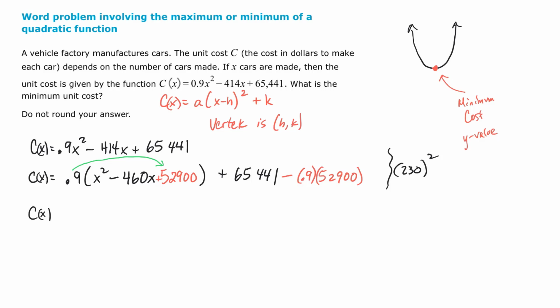Now we are ready to simplify. We completed the square so that we get a nice perfect square trinomial. This was 230, quantity squared, right? And we need to do the rest of this. I'm going to use a calculator to simplify the rest here.